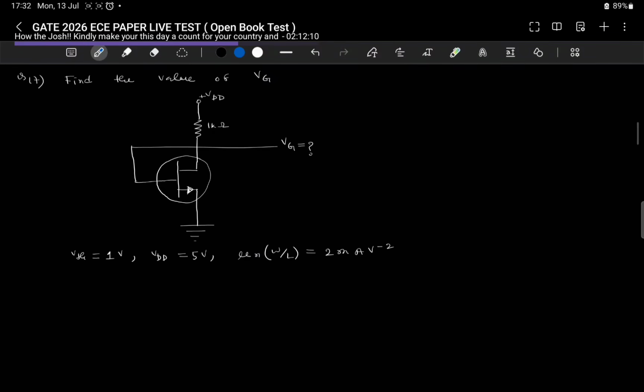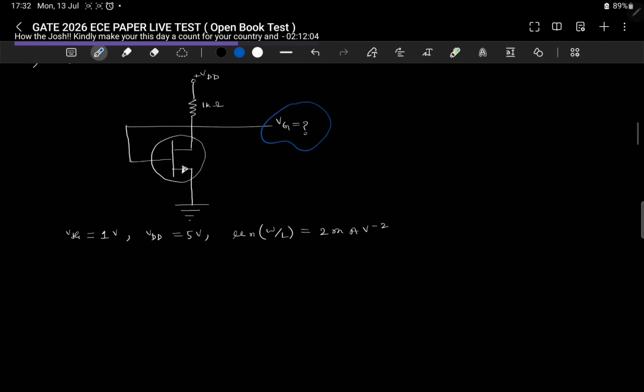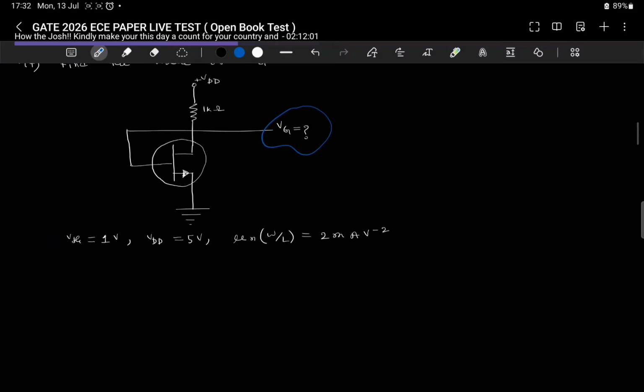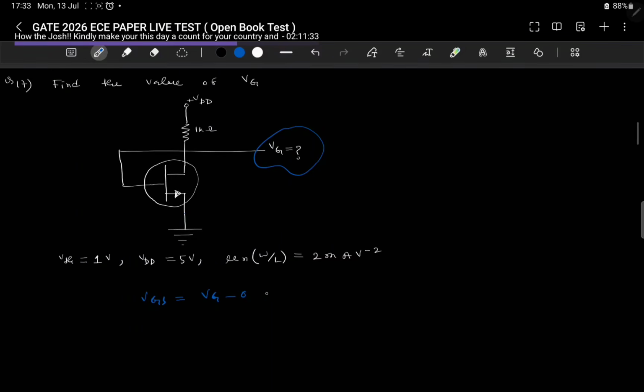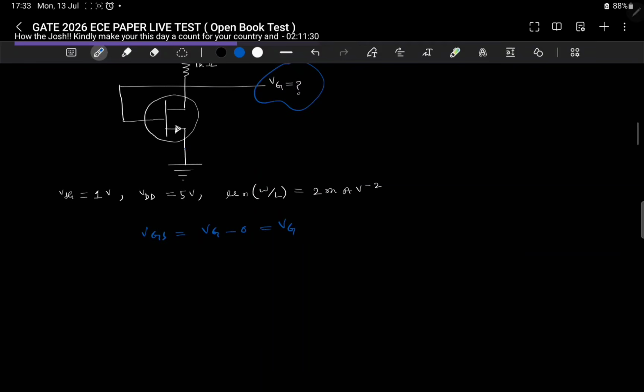Find the value of Vg. You need to find out. Okay. So as we know here, gate and drain are shorted. So here both the points' voltages are same. VGS is Vg minus Vs. Here it is grounded, so it is 0, so equal to Vg.